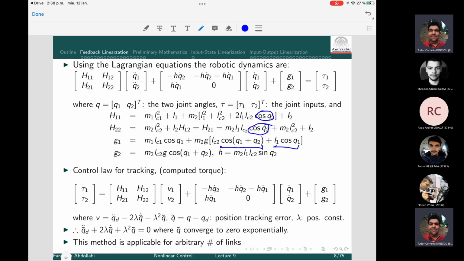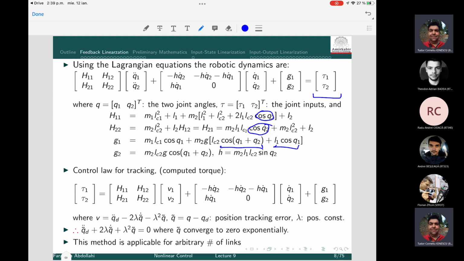So, control law for tracking: computed torque. This is the law we pick to cancel the nonlinearities, as you can see here. V has this form, Q tilde is the position tracking error, and lambda is the position constant.